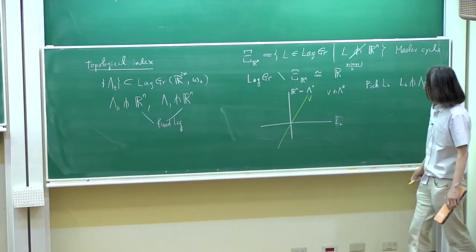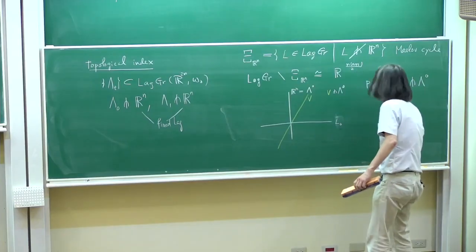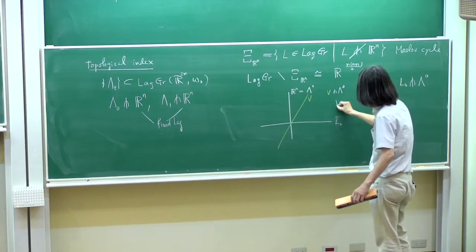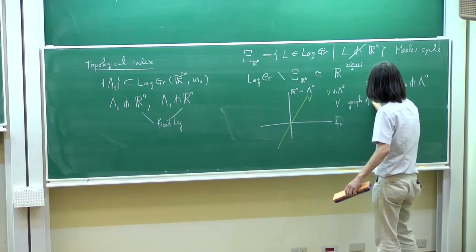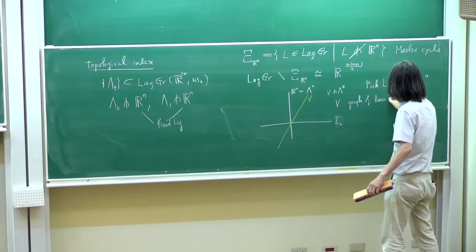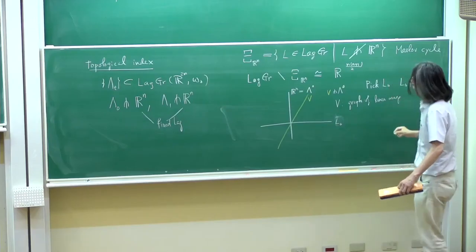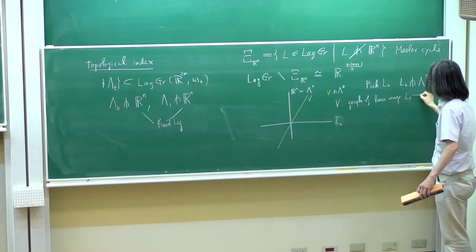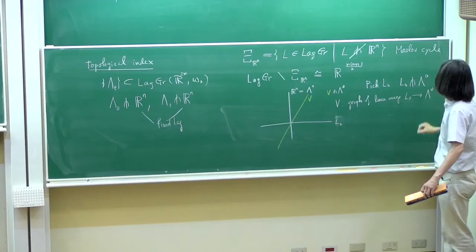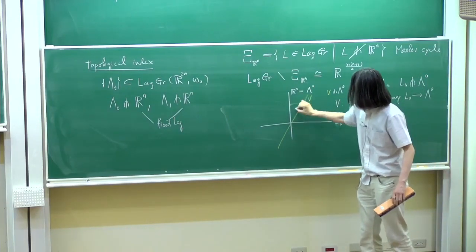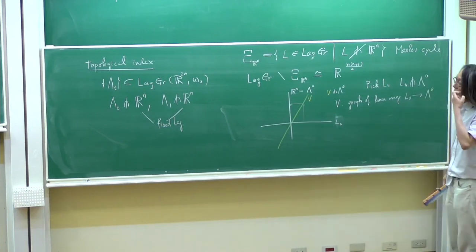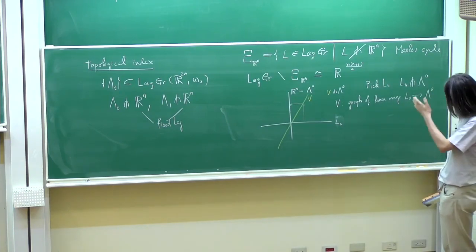Okay, and then we can regard V as a graph of a linear map from L0 to this lambda 0. Okay, so just like this.